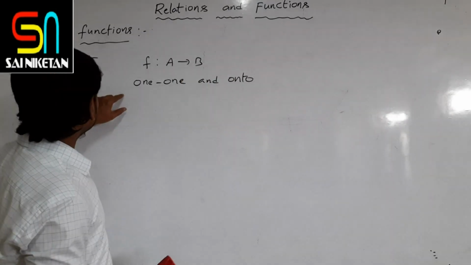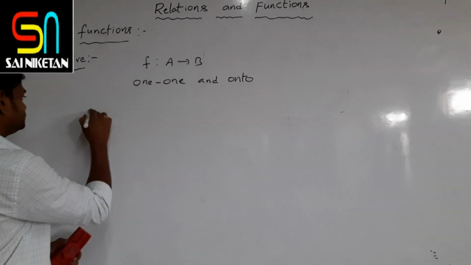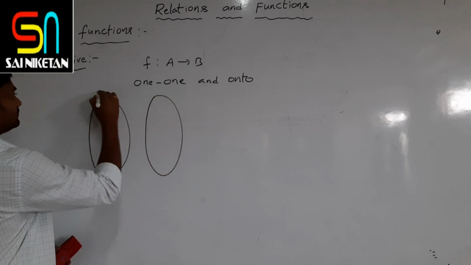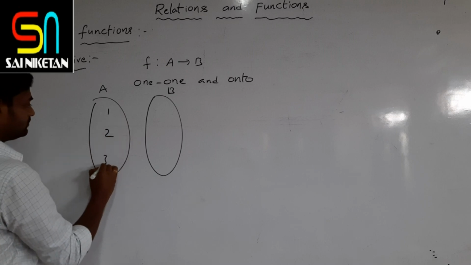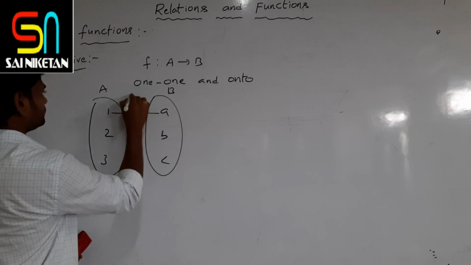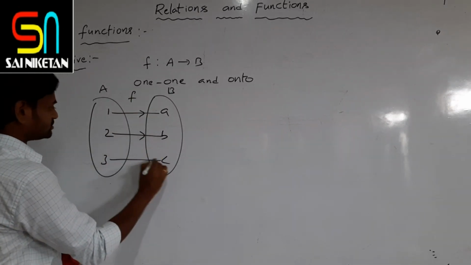Then we can say that function is bijective. Okay. See example. This is capital A. This is B. I am taking the mapping 1 to a under the function f, 2 to b, next 3 to c.